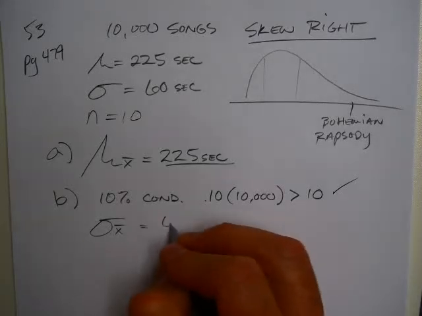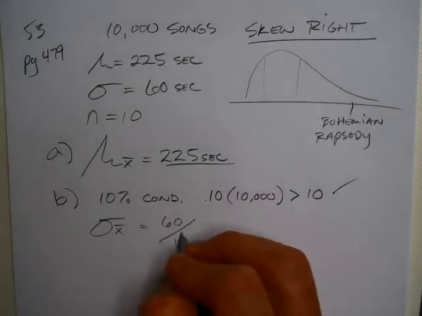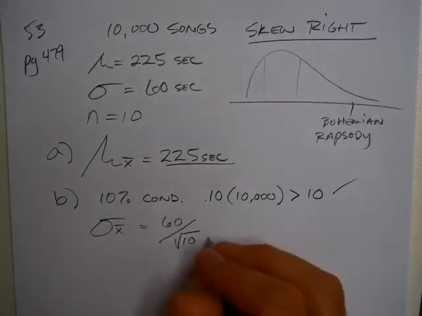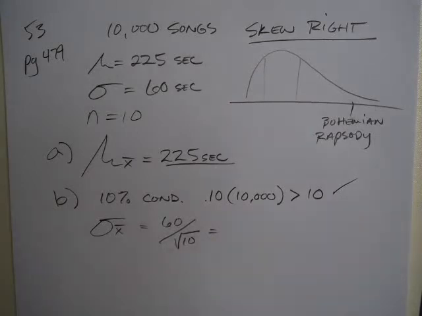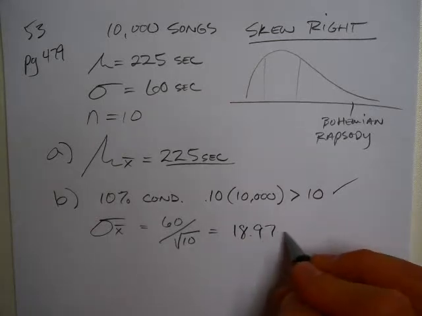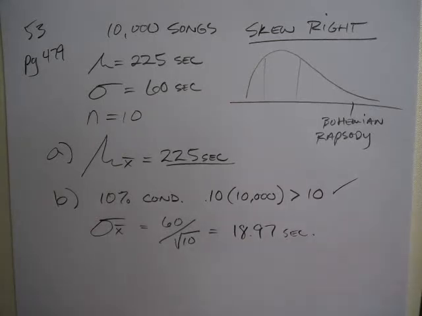So in this case, sigma is 60 divided by the square root of 10. About 18.97, or about 19 seconds.